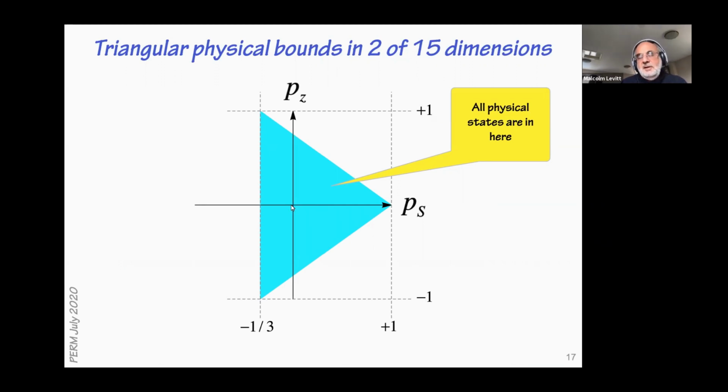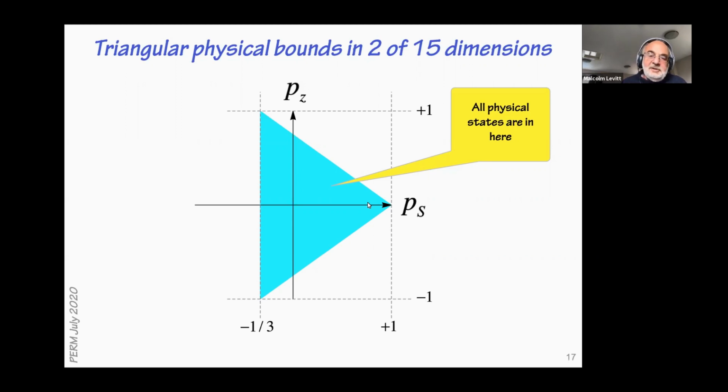So if we plot the Zeeman polarization operator against the singlet order operator, then the region of physically possible states is actually bounded by this triangle here. So somehow we have to imagine that we have a 15-dimensional space, which if we somehow manage to distill out 3 of the dimensions, we get a sphere. But if we distill out 2 dimensions, we get a triangle.